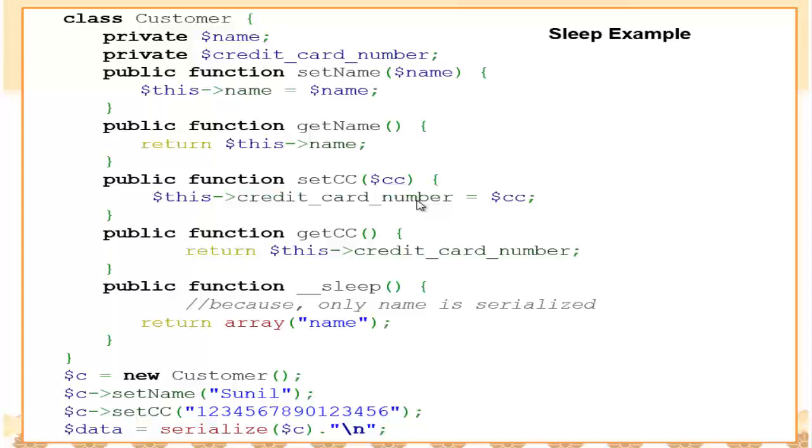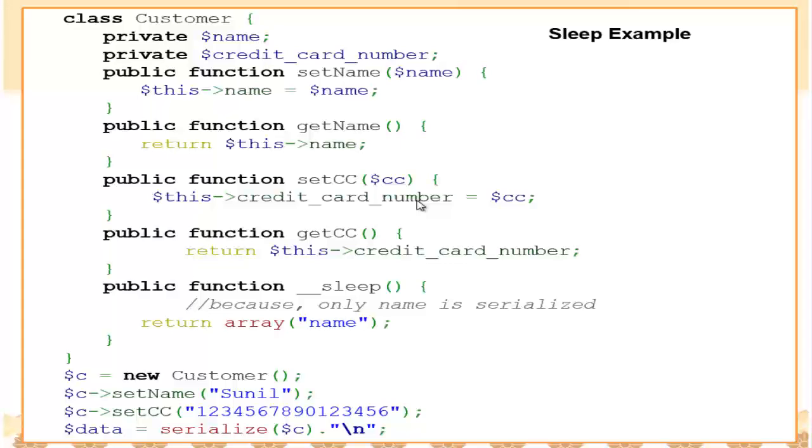Let's look at that sleep method. Now here I have a customer name and a credit card, but I do not want to pass that credit card into the stream. So how do I do that? Without the sleep method, if you ask PHP to serialize it, it will serialize both the name and the credit card number. Suppose you feel that the credit card number should not be saved or streamed.